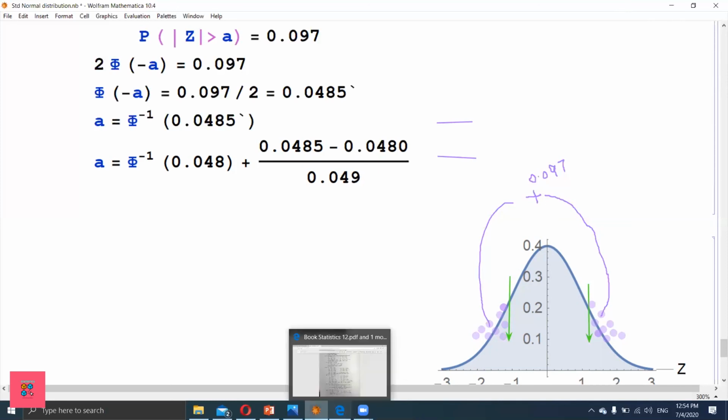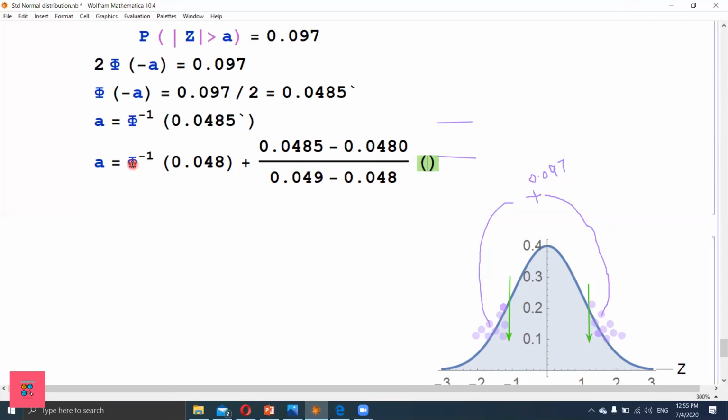0.049, so it is multiplied by phi inverse of 0.048 and 0.5 of phi inverse of 0.049. Now we will substitute the values of phi inverse 0.048 and phi inverse 0.049 from the table 10a.